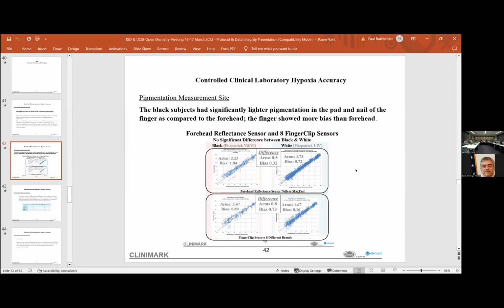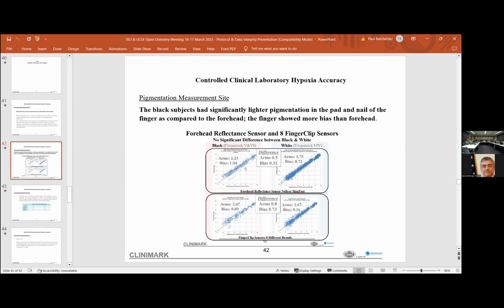Okay. Yeah. So the forehead sensor was compared to these finger clip sensors, and what we see here is the bias between the lightly pigmented subjects and the deeply pigmented subjects in the forehead with the forehead sensor, and the same thing, lightly pigmented to deeply pigmented in the finger sensors. Now the fingers in all of these subjects were much lighter in pigmentation, while the forehead sensor was applied to an area that's much darker.